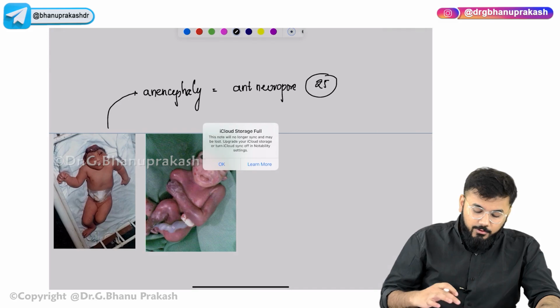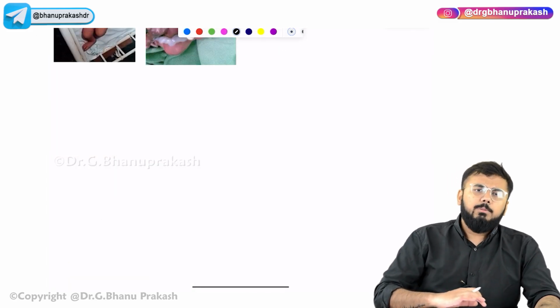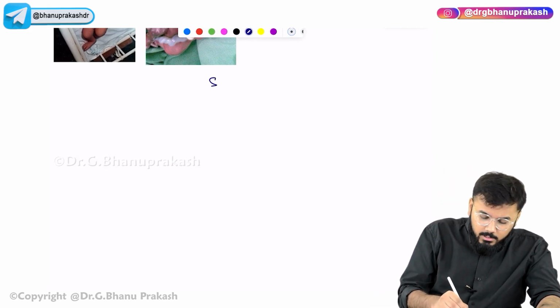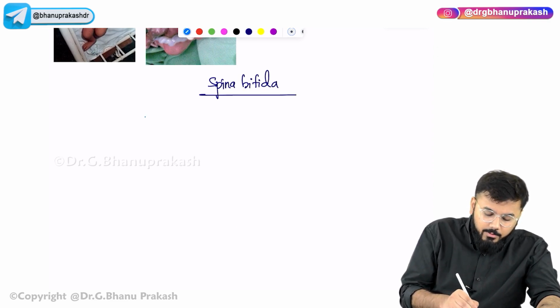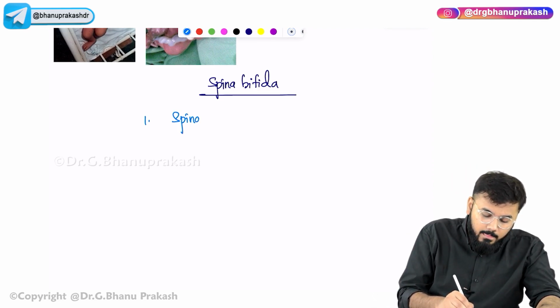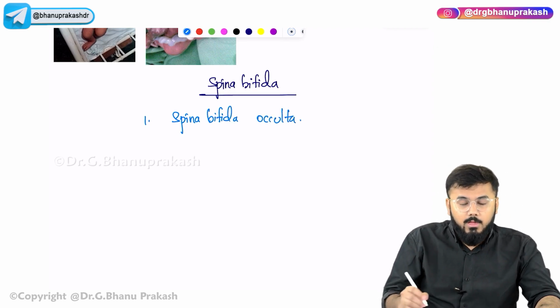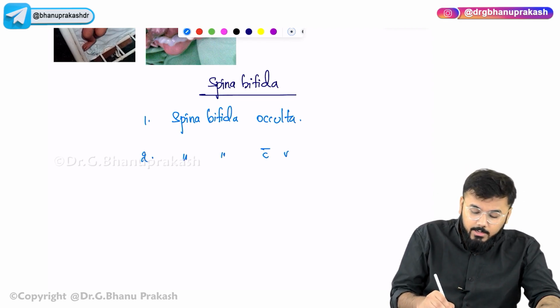Now, if you look at spina bifida, there are many different types. What are the different types of spina bifida? The first is spina bifida occulta. Next is spina bifida with meningocele.